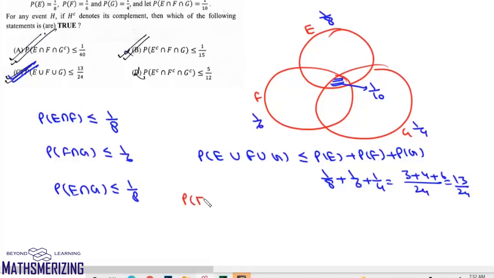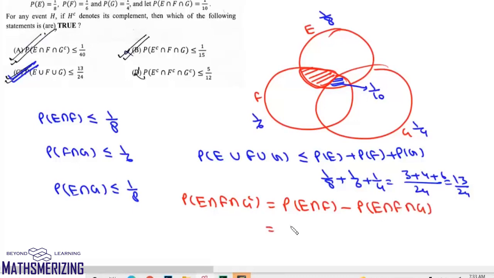Now if we look at this probability, which is probability of E intersection F intersection G complement. This probability is equal to probability of E intersection F minus probability of E intersection F intersection G. Now this is probability of E intersection F minus, and this probability is 1 by 10.